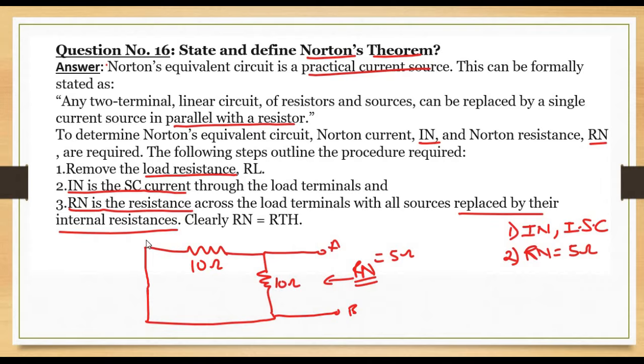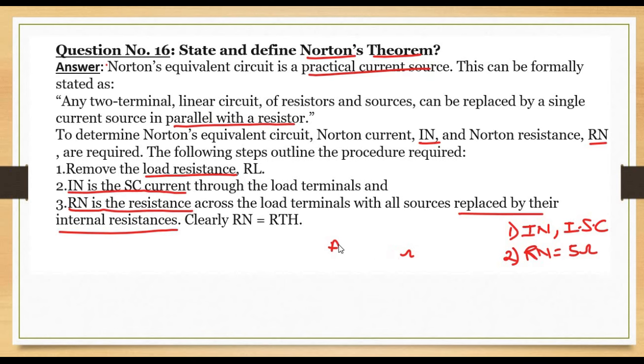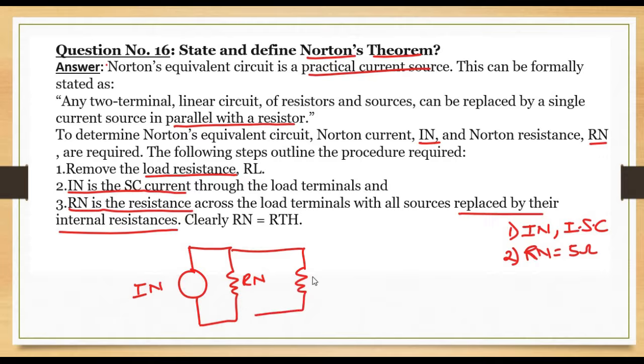Now we will draw the Norton's equivalent circuit across the load terminals. Now this will be our current source, Norton's current, in parallel with equivalent Norton resistance and the load resistance of 1 ohm.